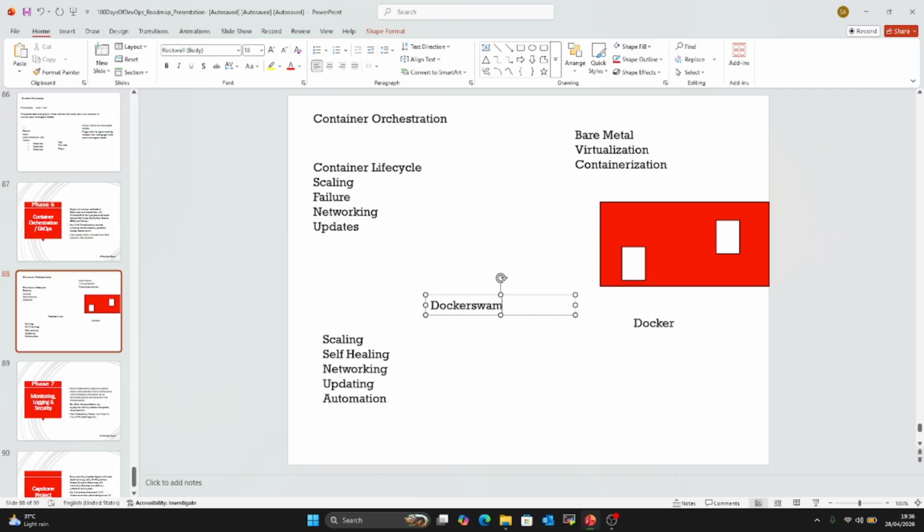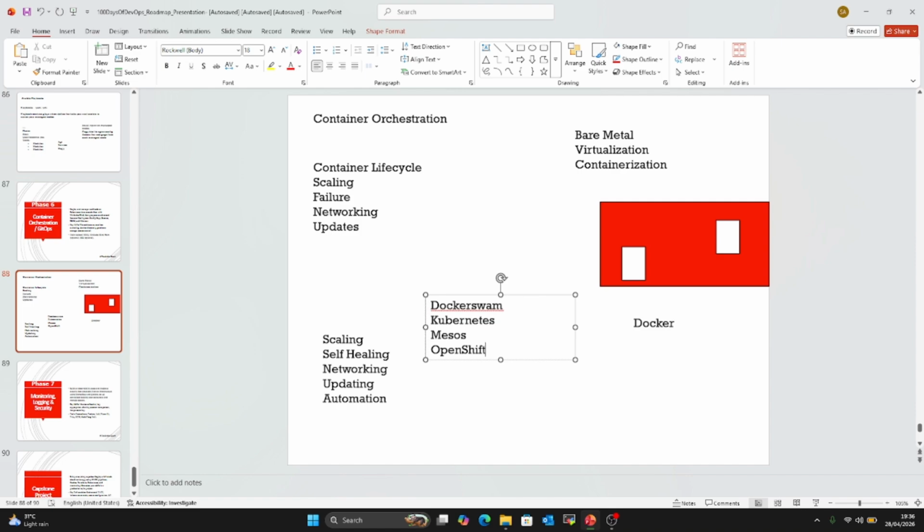Docker Swarm is a container orchestration platform. There is Kubernetes, there is Mesos, there is OpenShift, and the like.